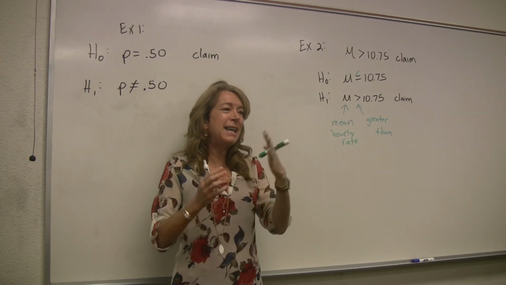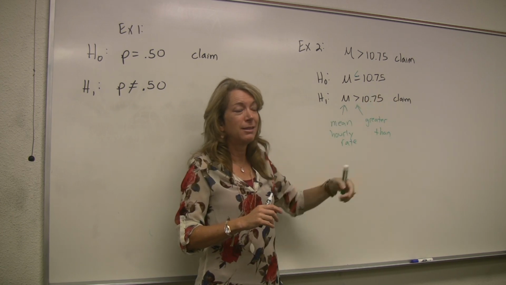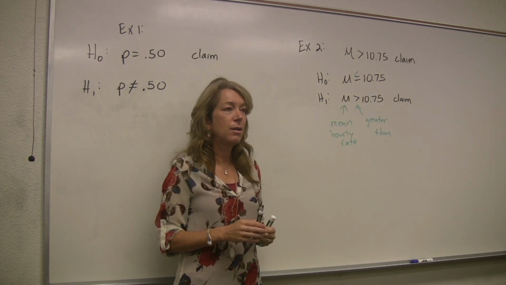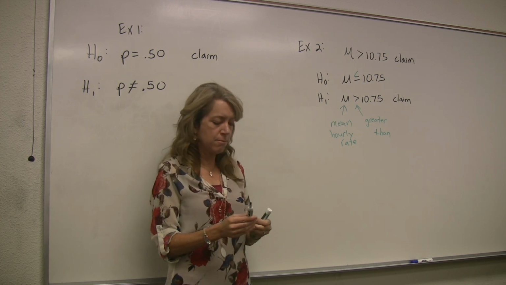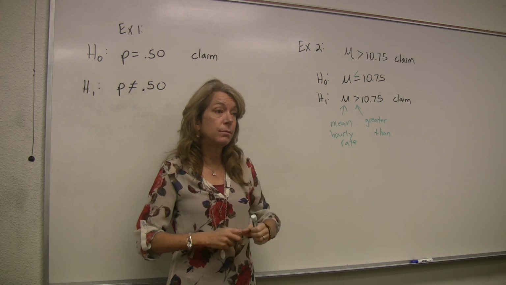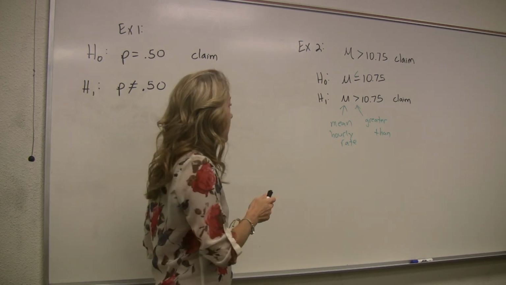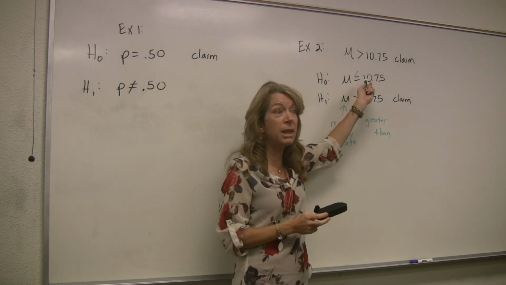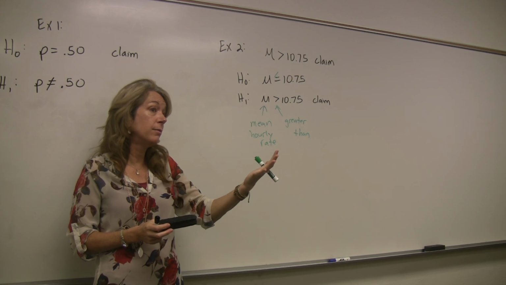But the highest it could be before I'm right would be the 1075. And are we going to figure out the exact number, or just run with that? The exact number of what? It's just the assumption that it's less than 1075, and it could be 1075, we don't know. Well, that's what we're going to test. That's actually a good point. So it could be exactly 1075, we don't know. We're going to take our results and decide.